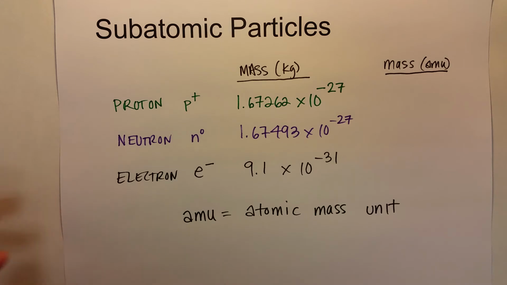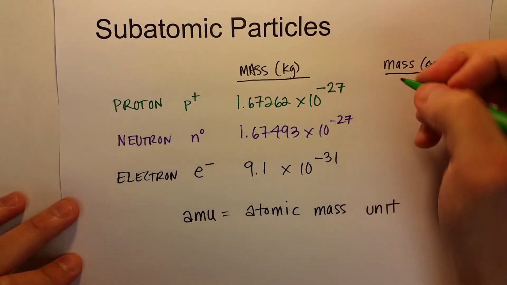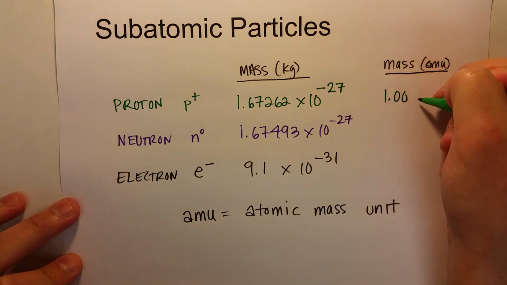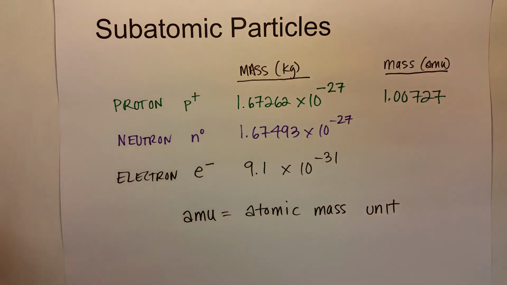The mass of the proton in AMUs is 1.00727. Because the atomic mass unit is a lot smaller, it's a little bit more convenient to use AMUs when talking about subatomic particles and even atoms.